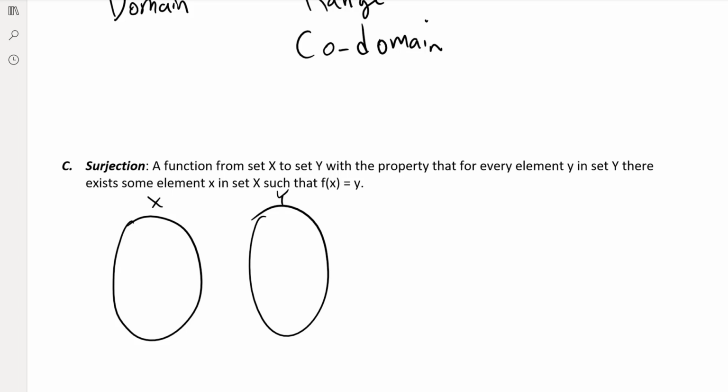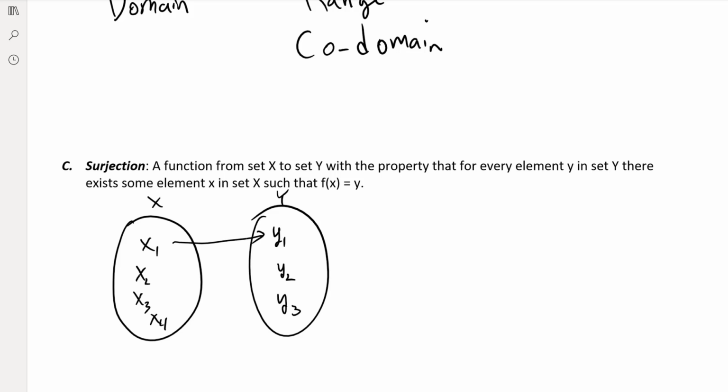And what I'm talking about is that every single element that you choose over here, let's call them y1 and y2 and y3, for every single element in the set Y, there is some element over here, could be x1, x2, x3, we could have different numbers of elements, but for every one of these elements, y1, y2, y3, there is some x value that is mapped to that value.